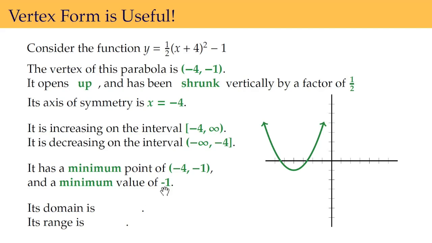My negative's a little short there, but it's still a -1. Its domain is -infinity to infinity, as it is for every quadratic function. And its range, notice since it has a minimum value, it has a lowest y-coordinate, so that's -1 to infinity.